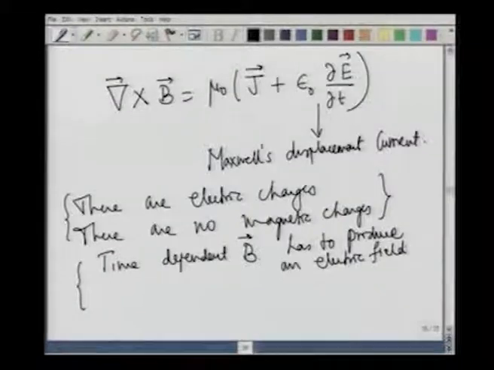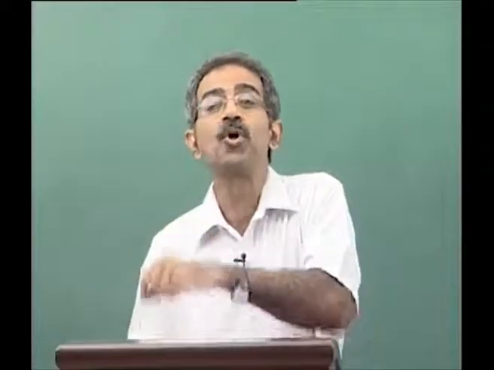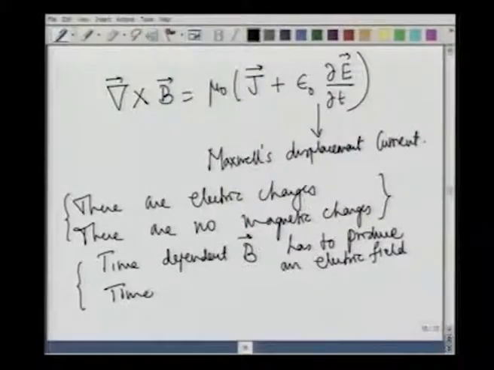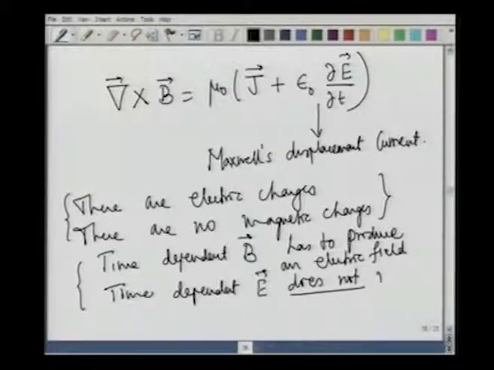You cannot have a time dependent magnetic field without an accompanying electric field. That is Faraday's law, curl E plus delta B by delta T equal to 0. But a time dependent electric field does not necessarily mean a magnetic field.